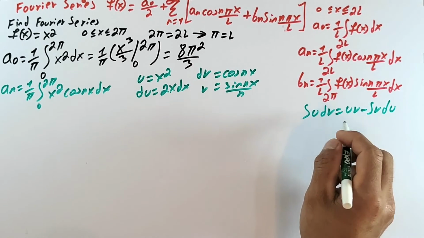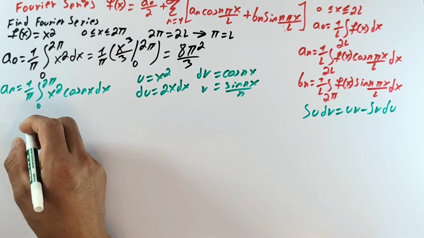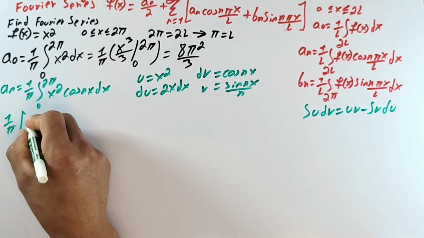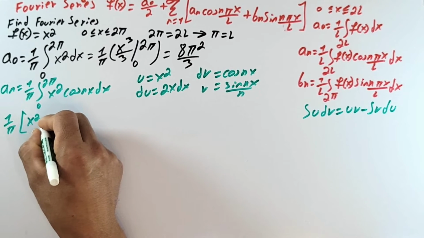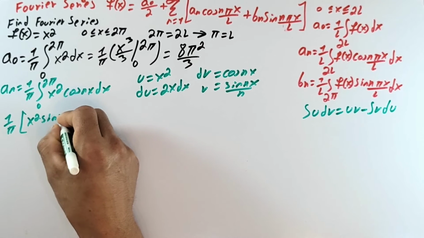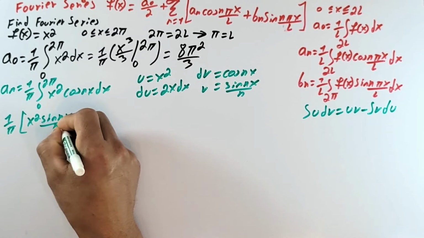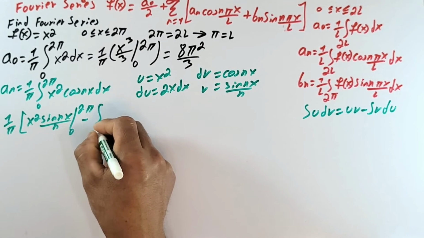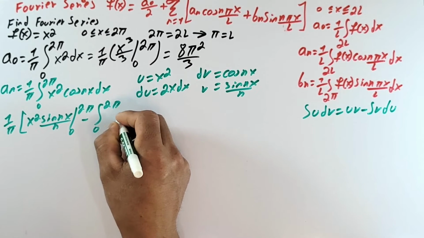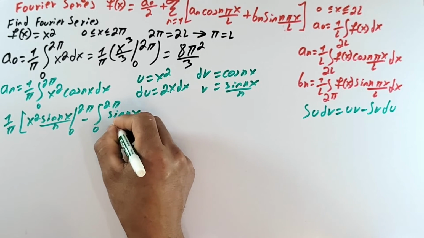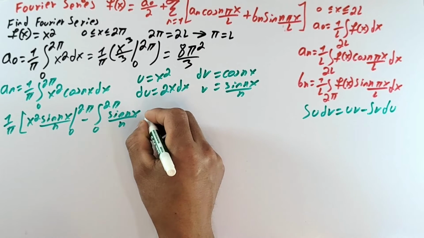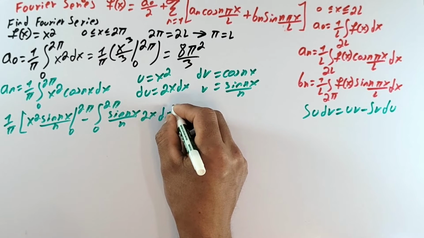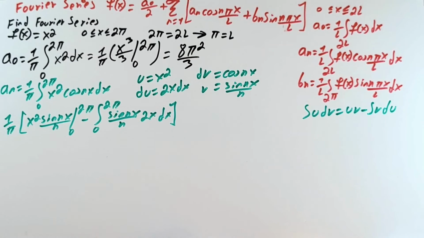So we apply the formula, and we have 1 over pi, x squared sine nx over n integrated from 0 to 2 pi, minus integral from 0 to 2 pi sine nx over n times 2x dx. All this multiplied by 1 over pi.